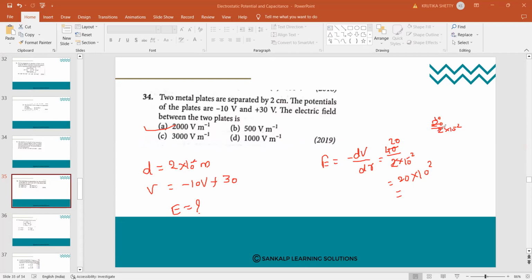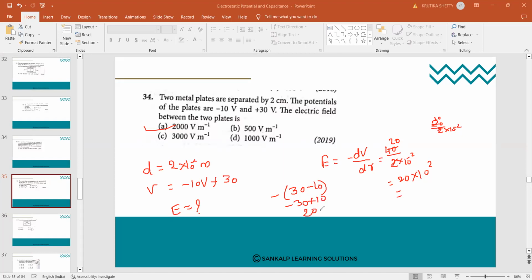Thousand. If I keep the minus out and write 30 minus 10, I multiply this minus 30 plus 10.